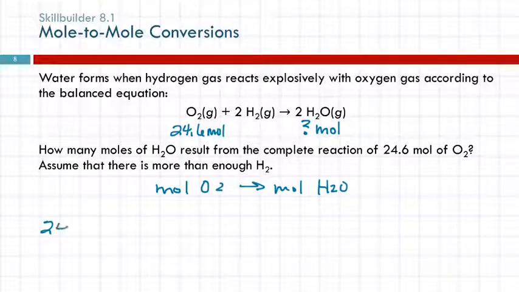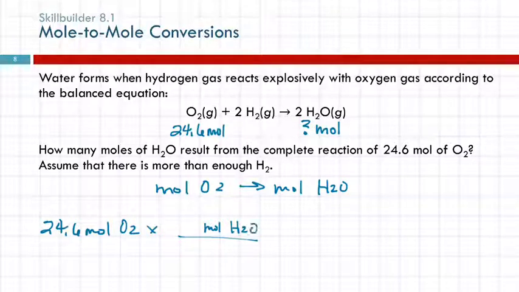So 24.6 moles of oxygen. I have one arrow, I've got one converting factor. I've got moles of water there, and then I'm going to put moles of oxygen down here. Those cancel out. Use the formulas that are given in the equation.